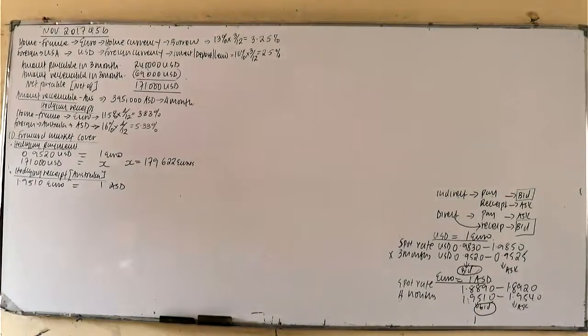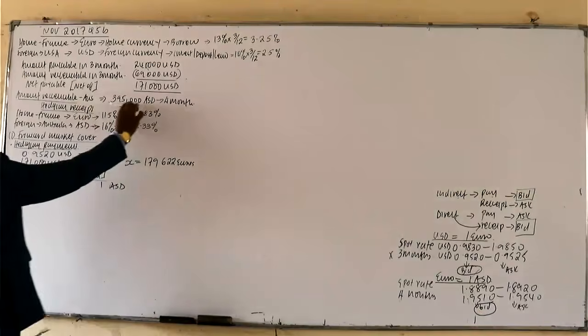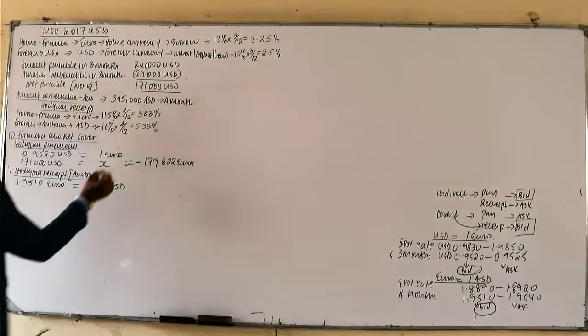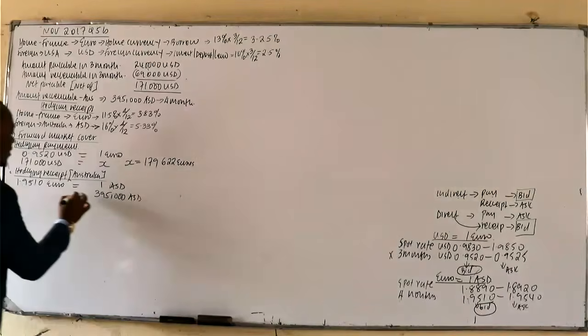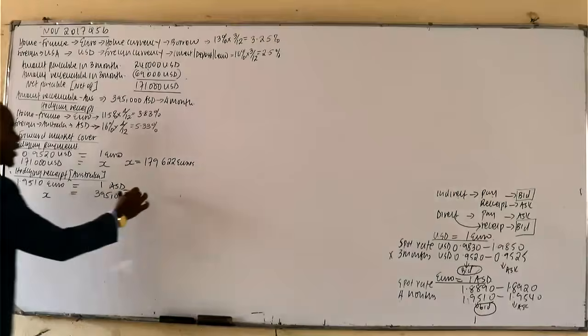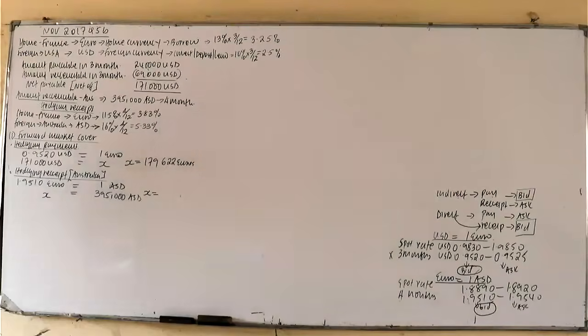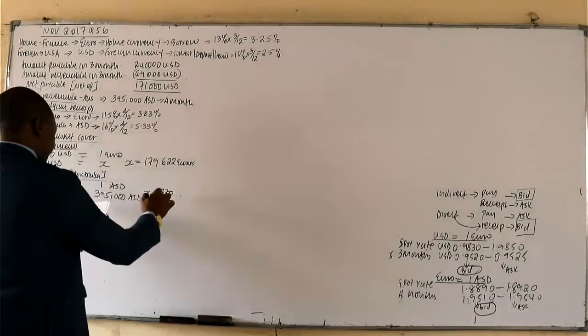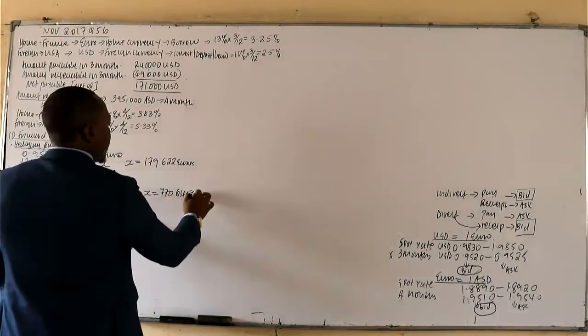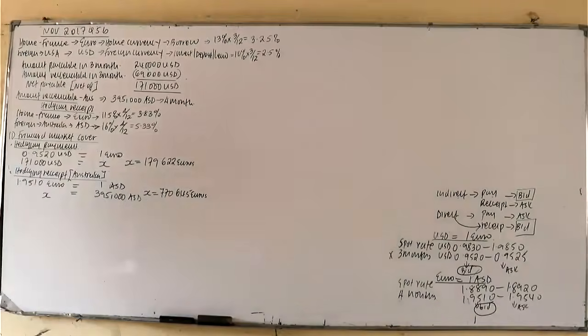So how much are we expecting to receive? In 4 months' time, we expect to receive an amount of 395,000 Australian dollars. So how much will we receive in euros? We are getting an amount of 770,645 euros. Good. So that's the first strategy.